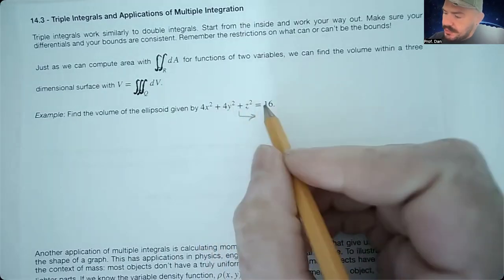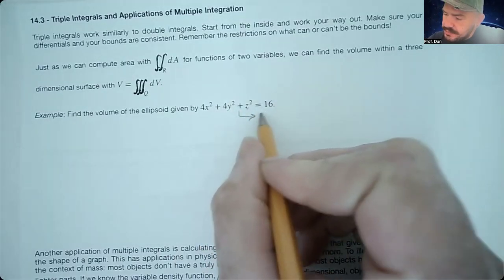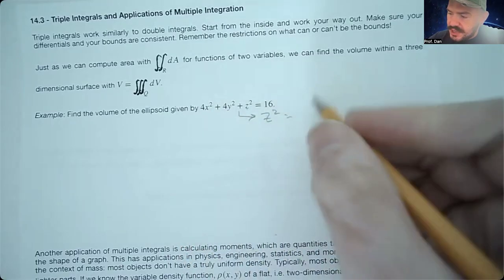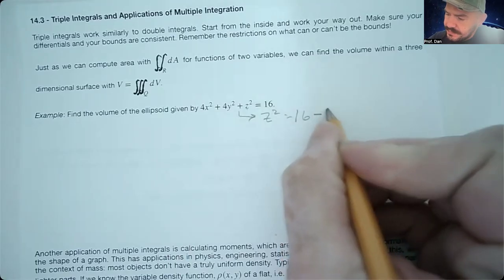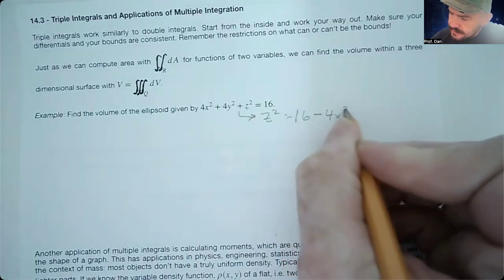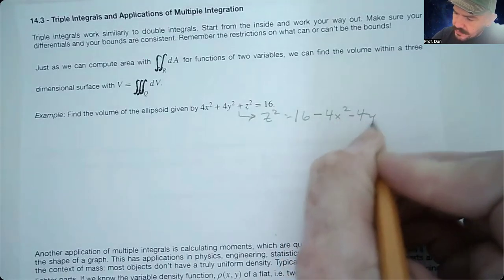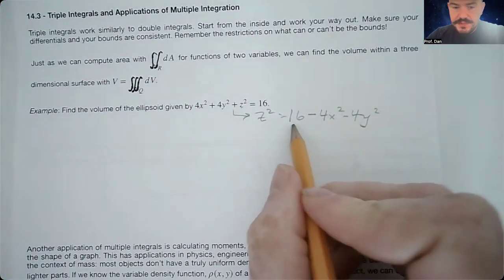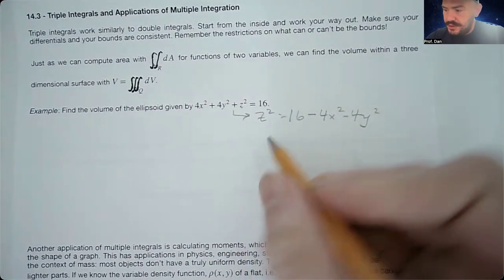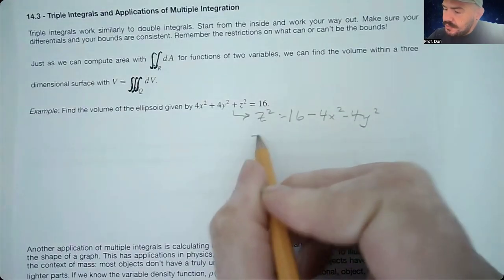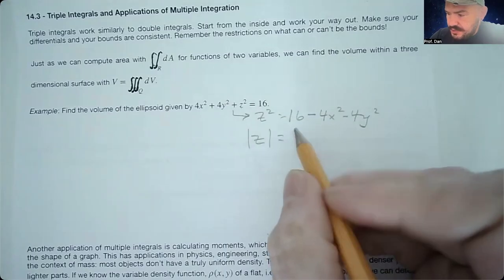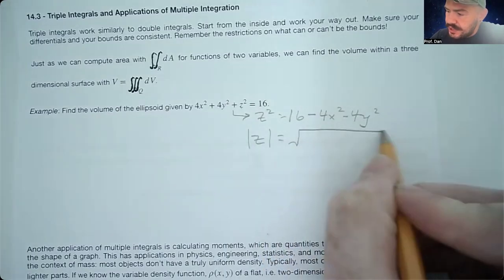So with that said, if I move these two terms to the other side, I get this. Notice that you can actually factor a 4 out. That's going to be important, because when I take the square root of both sides, I get the absolute value of z equal to the square root of all that.